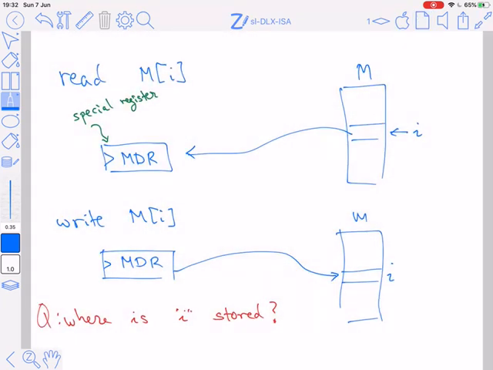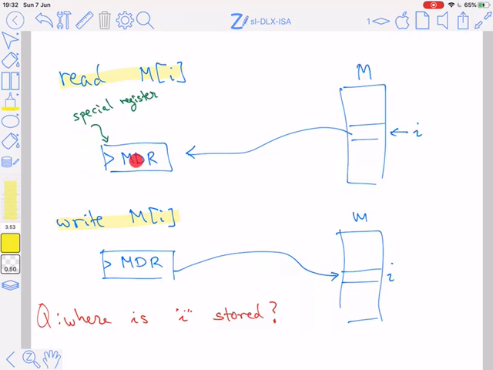So now let's elaborate on a read and a write operation with regard to the microprocessor and the memory. So here we have our memory. It is an array of words, and we want to read the contents of M[i]. We have a special register called the MDR, Memory Data Register.